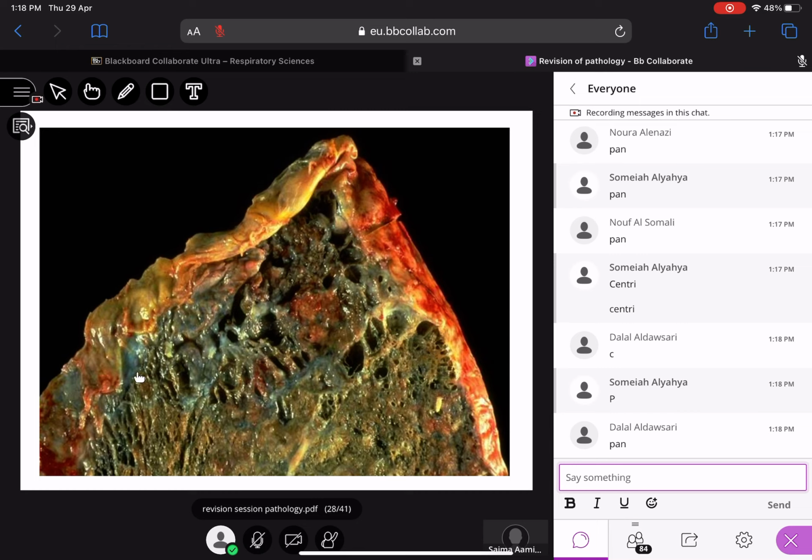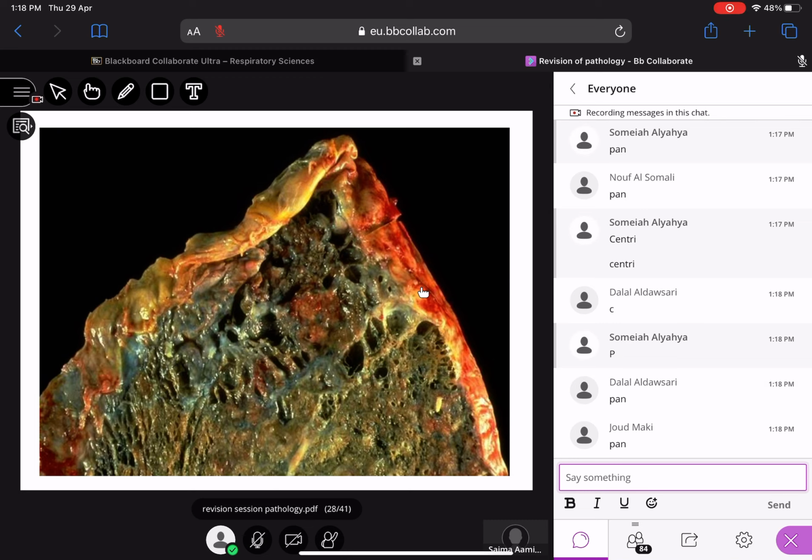Okay, this one seems to be distal because it is present adjacent to this thickened fibrotic pleura. Distal, if you remember, involves the distal part of the lung, usually adjacent to the pleura or adjacent to the interlobular connective tissue septa. So it is most likely a distal type of emphysema.